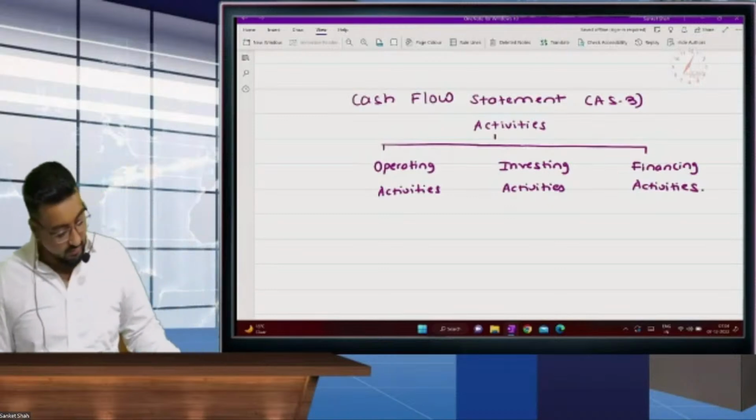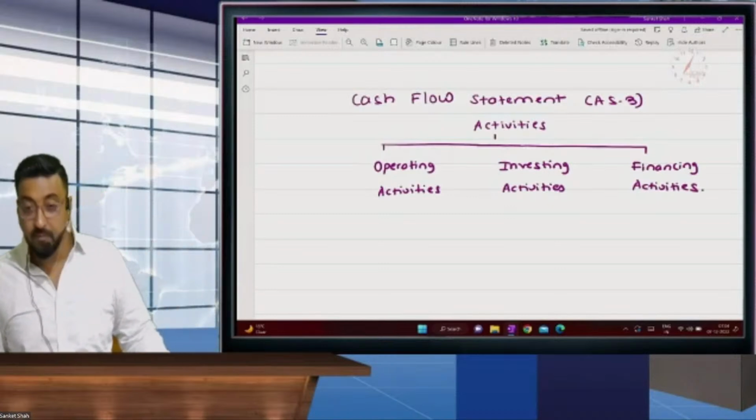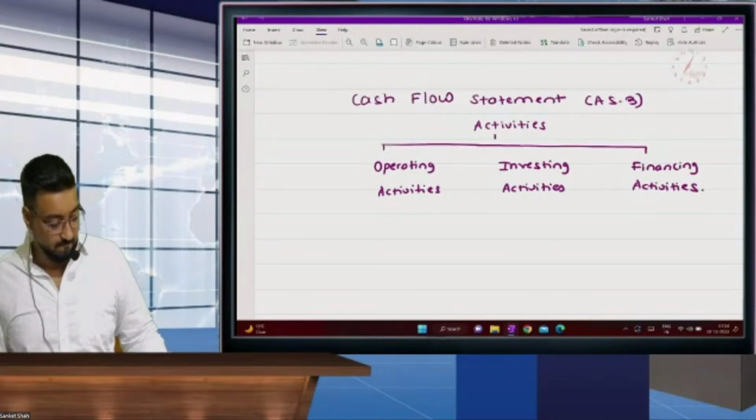So divide this in 3 forms. OIF: operating activities, investing activities, and financing activities. Operating, investing, financing.